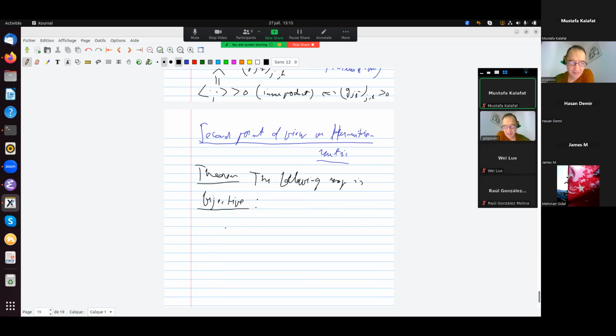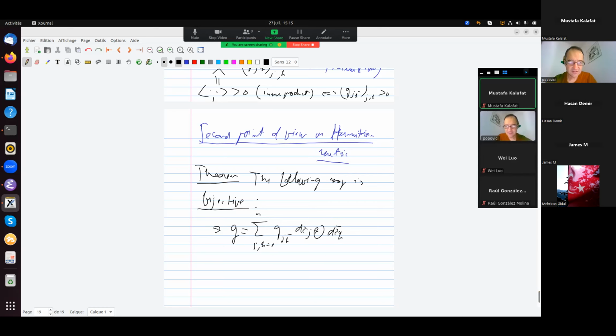Now, what is the map here? I'm taking on the left a Hermitian metric in the sense that we defined before, that is, the sum over j and k from 1 to n of g_{j k bar} dz_j tensor dz bar k.